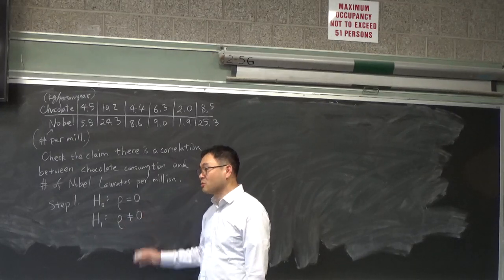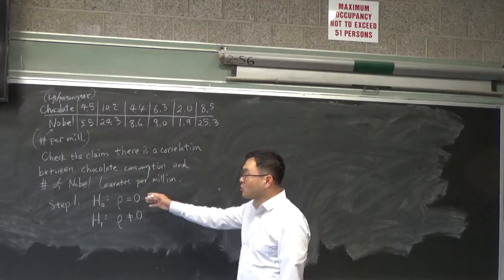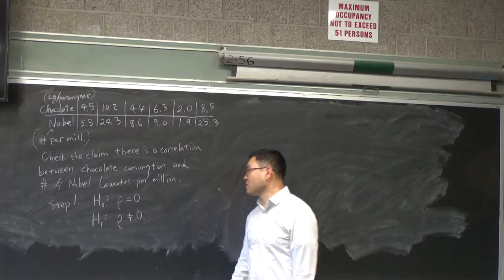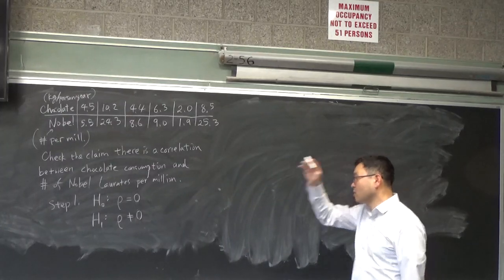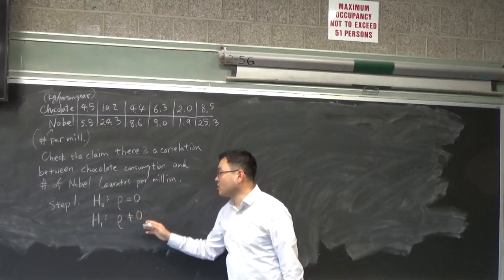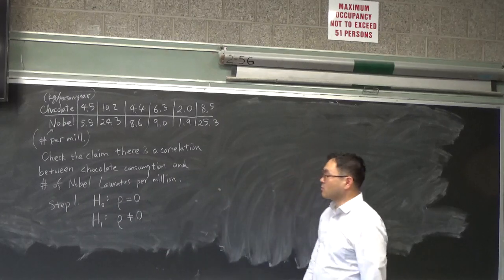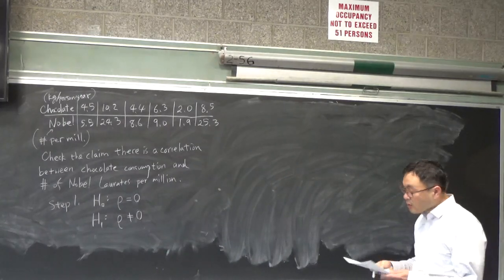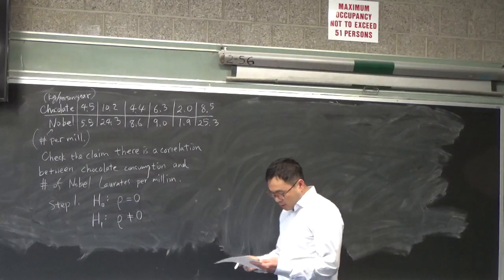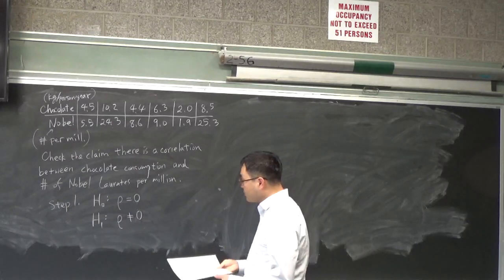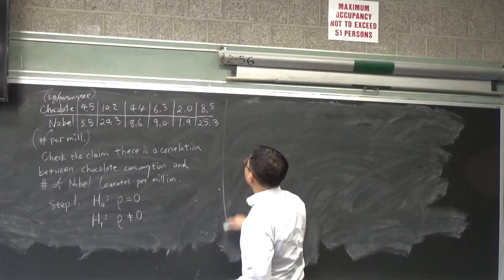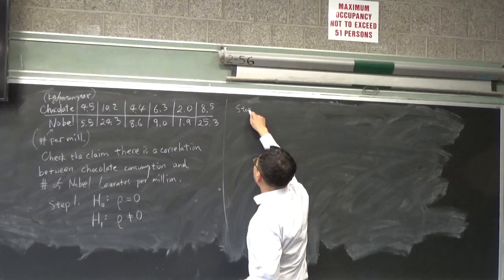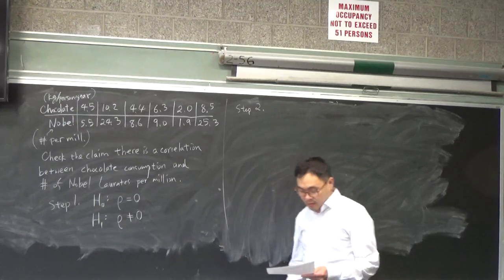It's always two-tailed. It's either there is no correlation or there exists some kind of correlation. That's the alternative hypothesis.